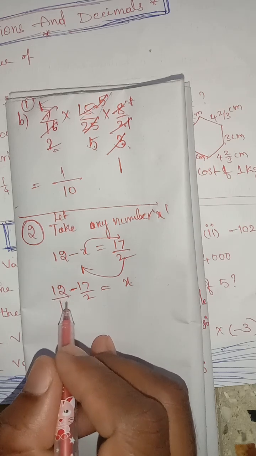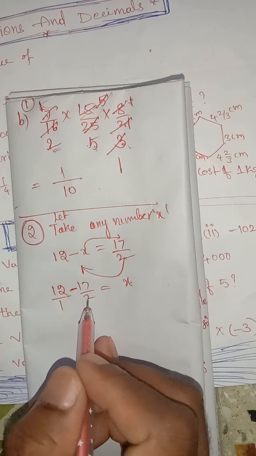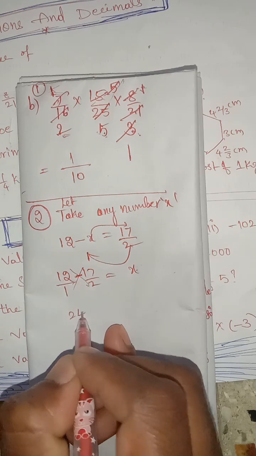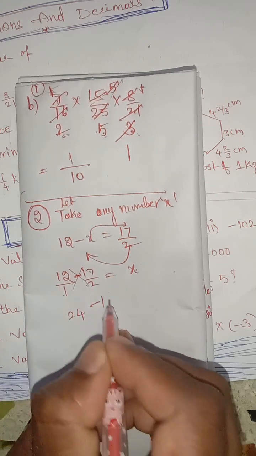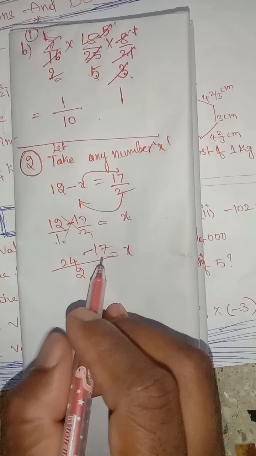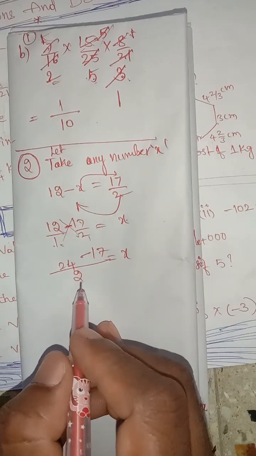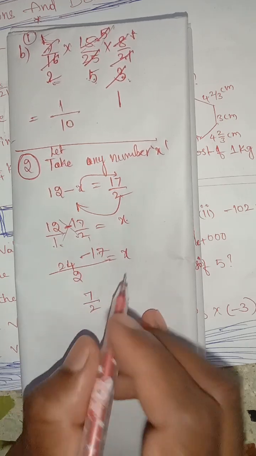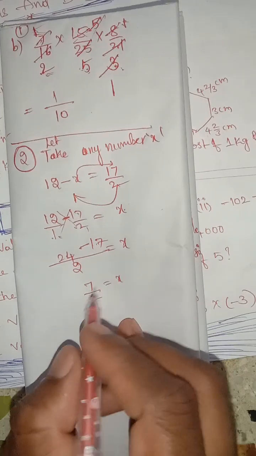So 12 by 1 minus 17 by 2. Cross multiplication: 12 twos are 24 minus 17 ones are 17, by 2 ones are 2, equals x. 24 minus 17, so 7 by 2 equals x.